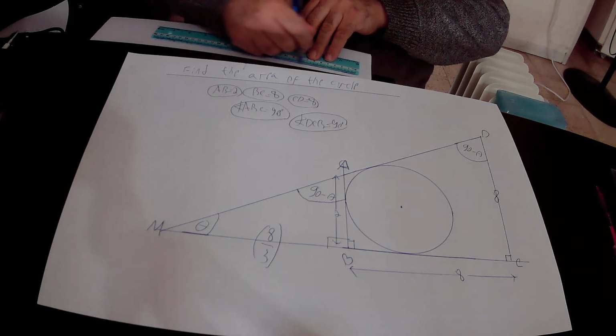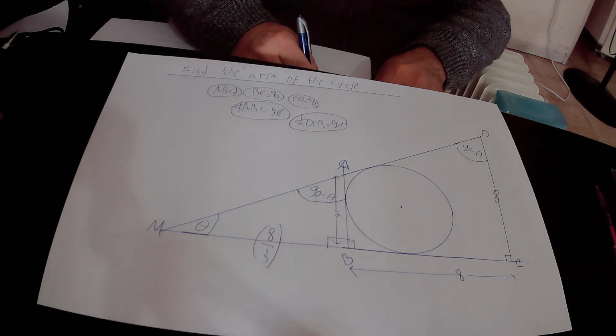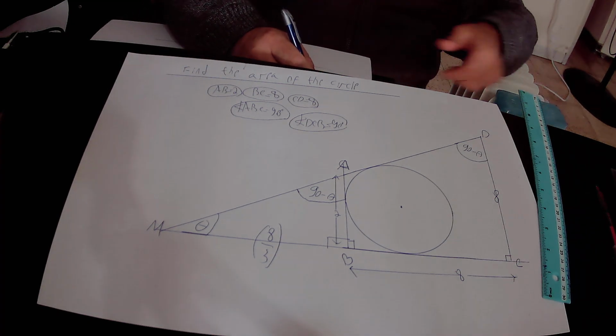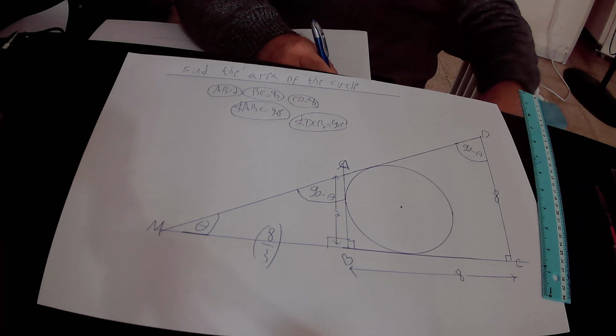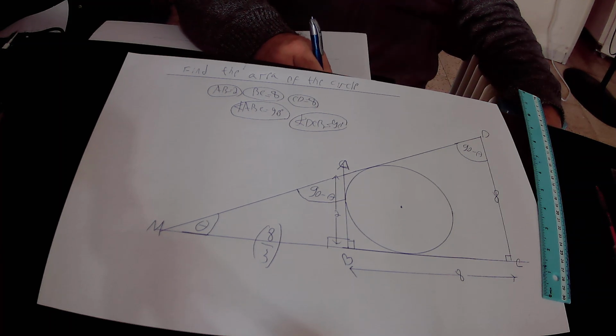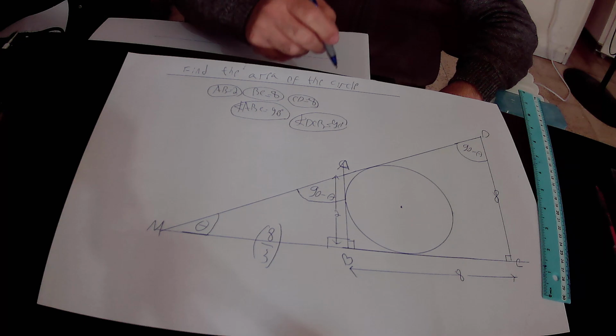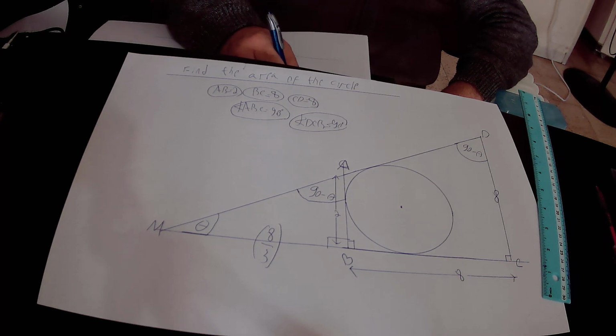The hypotenuse in the right triangle AMB is AM, therefore the square of the hypotenuse is AM squared. And this is equal to AB squared plus MB squared.